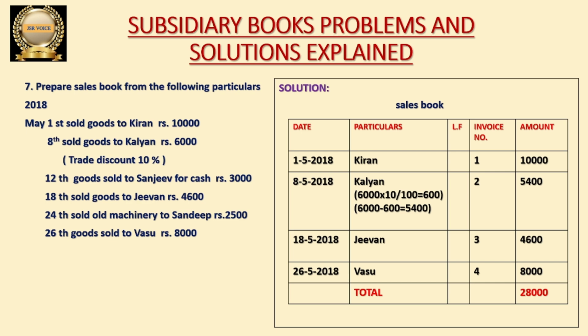We can write it in the sales book. See in the solution, last transaction, 26-5-2018 in date column, particulars column, Vasu name recorded, and next invoice number 4, amount column 8000. All transactions finished. We have to total the amount column. Total of amount is 28,000. That is the answer for this question.